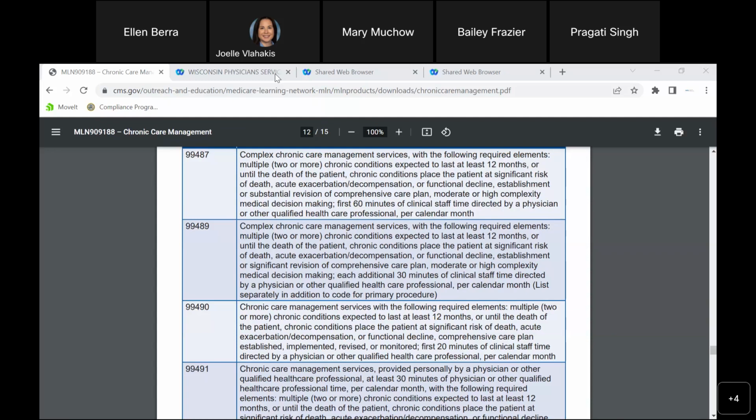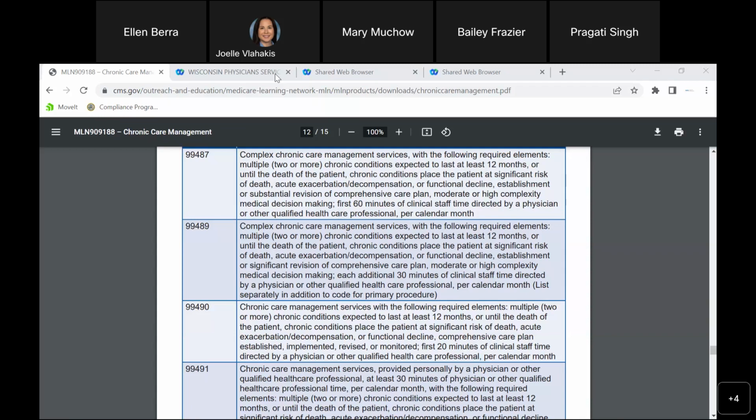We would expect to see that this moderate or high complexity medical decision making would be done within the month that you are billing for this service. However, as Dr. Vlahakis talked about, if this month you are implementing the moderate or high complexity decision making from last month, then this code would still be appropriate.